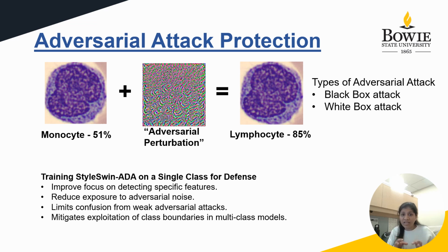Weak adversarial attacks often exploit vulnerability in multi-class models by confusing class boundaries. By specializing in a single class, the model strengthens its ability to detect and resist adversarial noise, improving its overall reliability. So by using this model, we can also protect the images or model from adversarial attacks, like weak adversarial attacks.